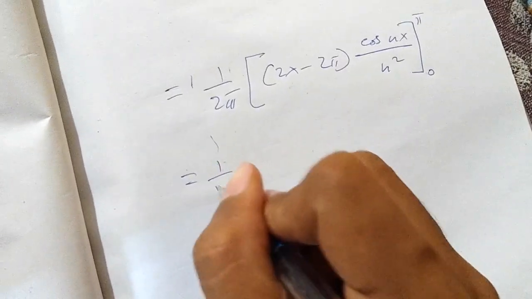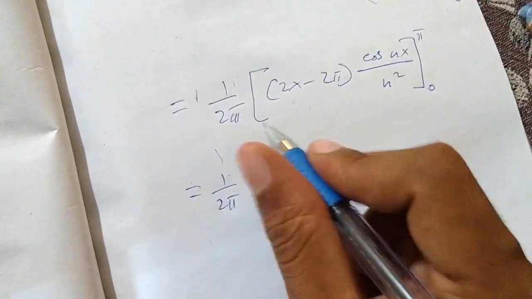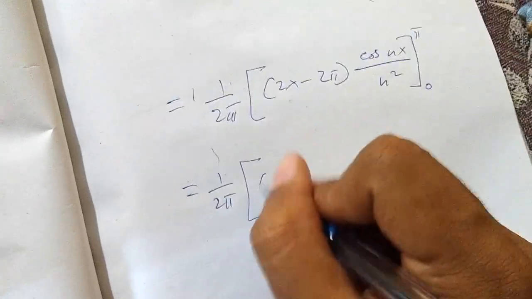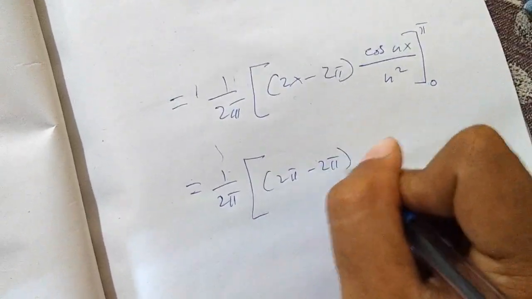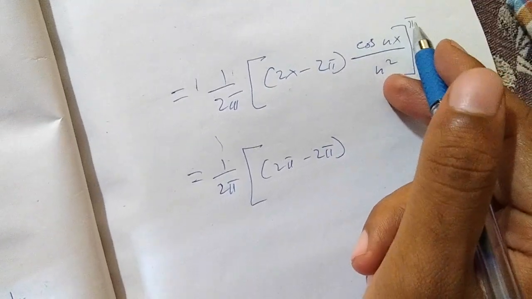And then 1 by 2 pi, 2 pi minus 2 pi, because now we are applying the limits.